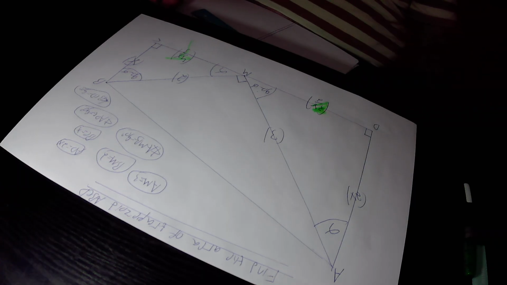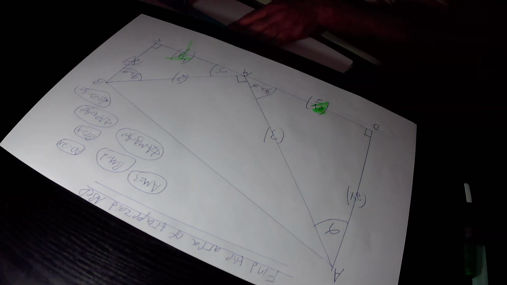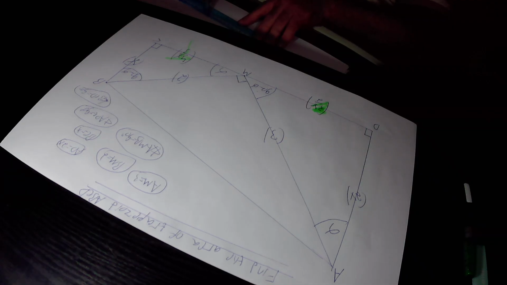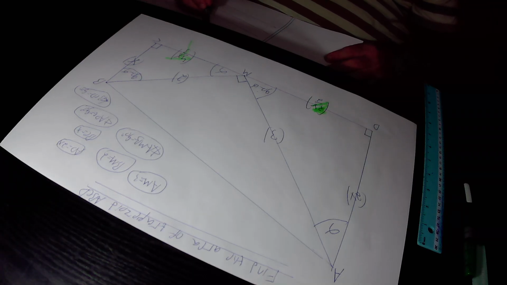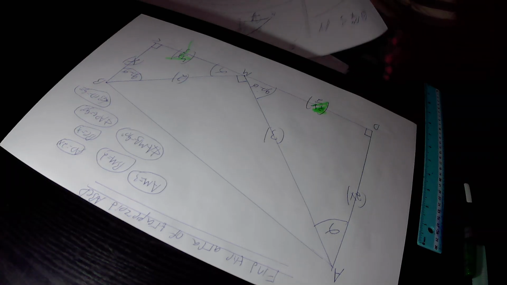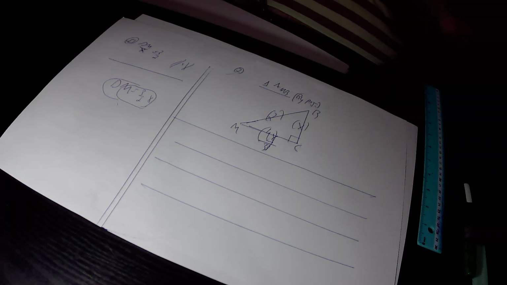Here is the evaluation for Pythagoras theorem. Actually, this is the right small triangle BMC.